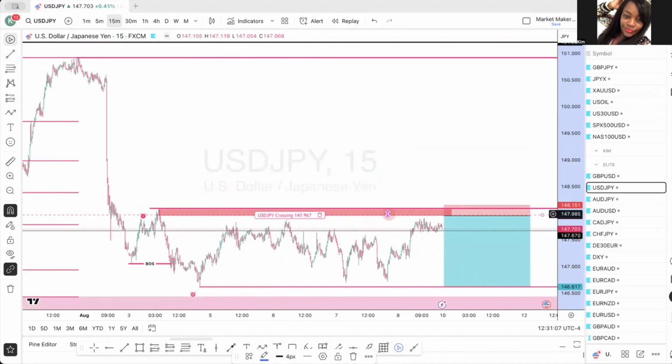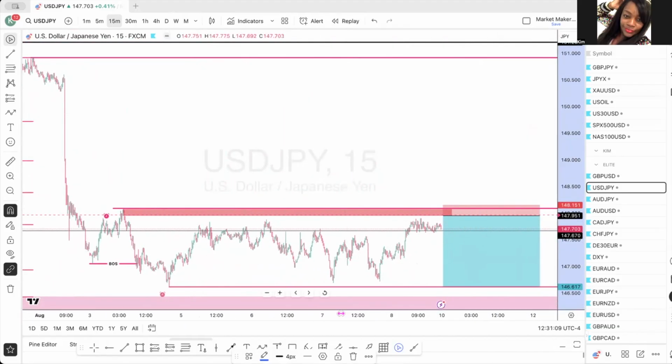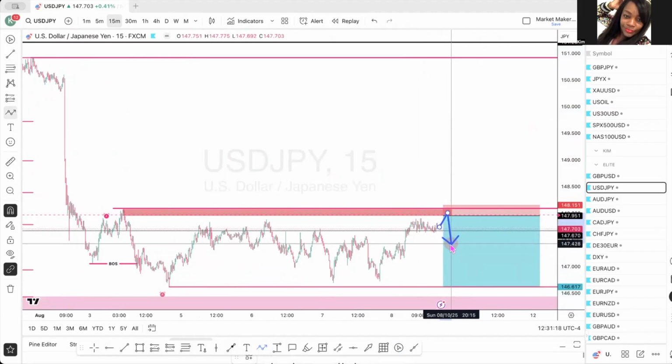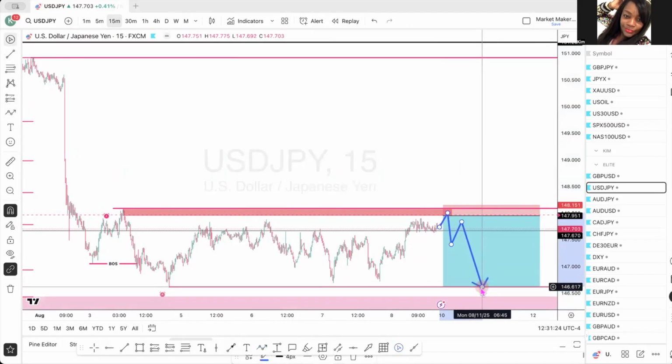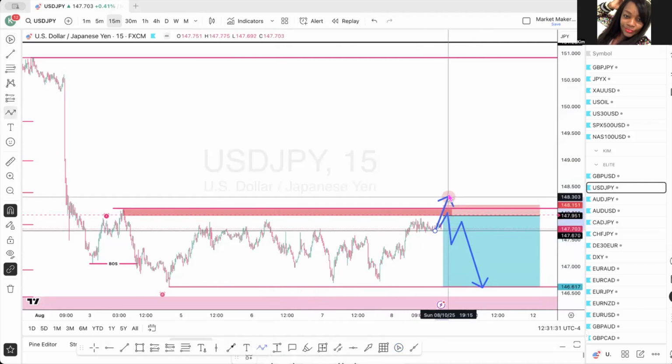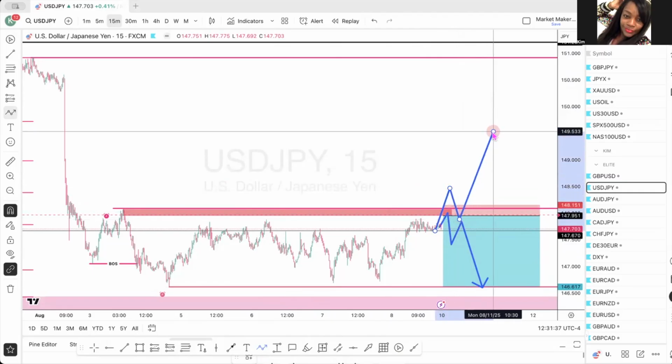So price is either going to respect this supply zone and then shift structure here for a pullback and then a sell down to this low, or price is going to break this structure, pull back, and then continue buying.